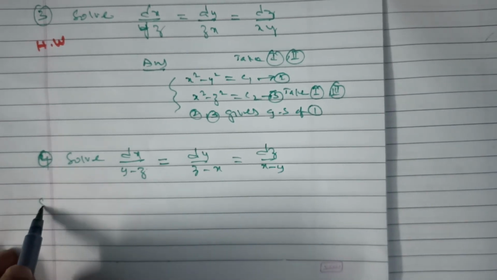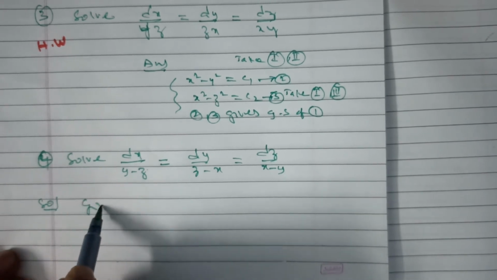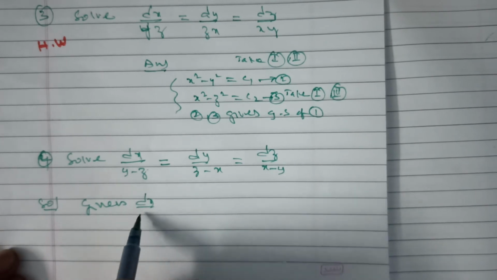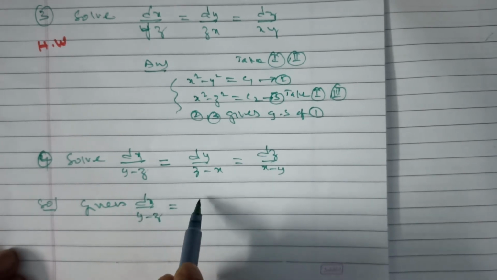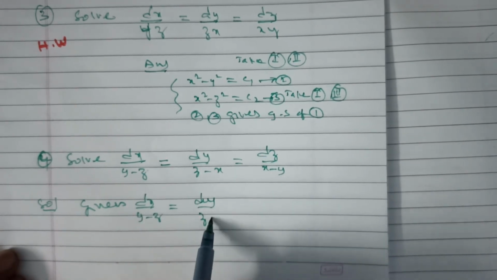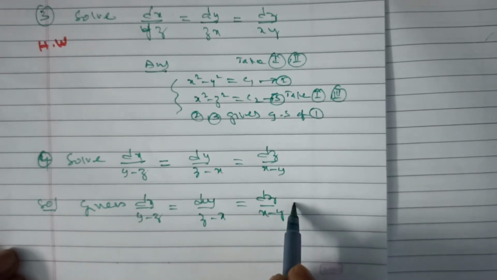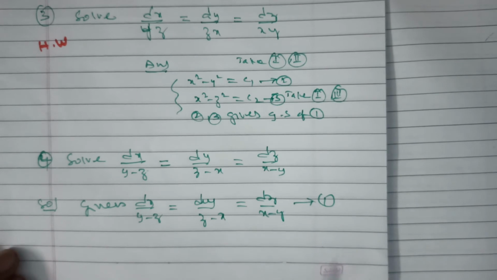So solution: given dx by y minus z is equal to dy by z minus x is equal to dz by x minus y. Take this given problem as 1.